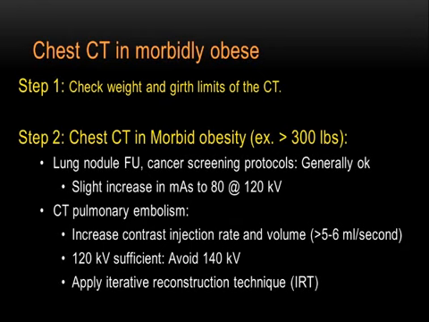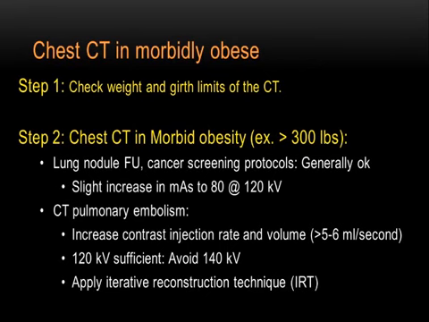If you're just looking at lungs, you may need to increase your mAs to about 80 or at the most 100, but certainly you do not need to make it 200 or something. So yes, you do need to increase the mAs a little bit, but not by much. But if you're doing a study like a CT pulmonary embolism, or looking at soft tissue in the chest, as we saw yesterday evening, you do require a little bit extra.